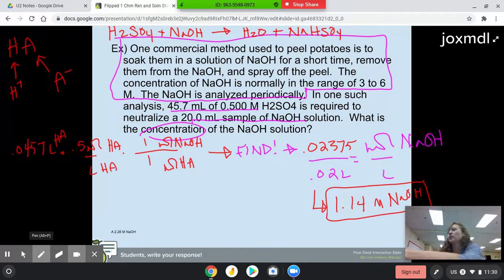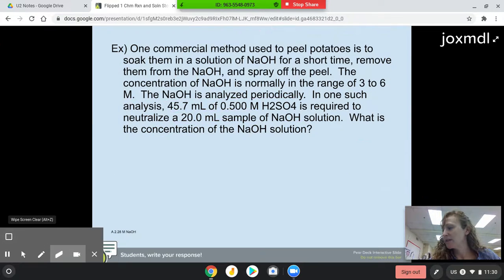If I were to look at the book and see where they spend the most time, some of it's conceptual, but they spend quite a big portion of the time going over dilution calculations, molarity calculations, and neutralization calculations. So I think it's fair to assume you're going to see a lot of those on the test. They're going to be AP style questions, right? But probably a lot of those on the test.